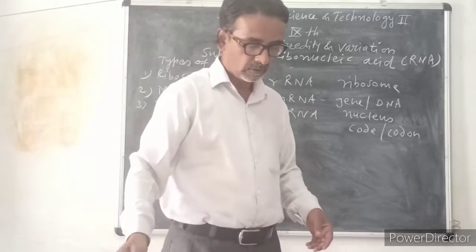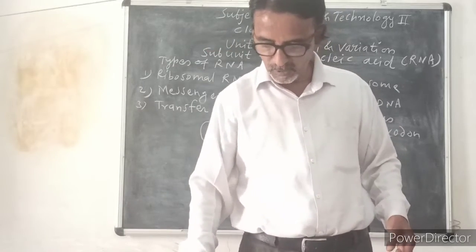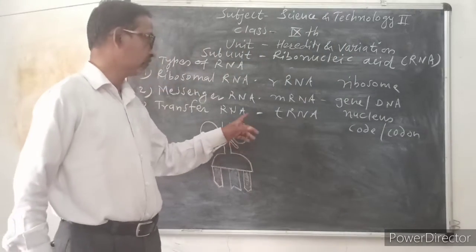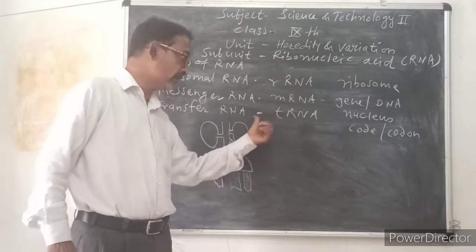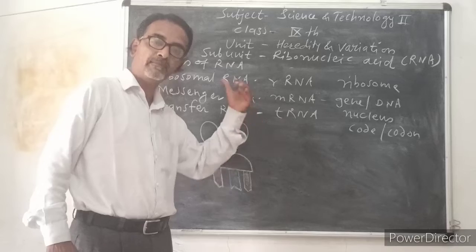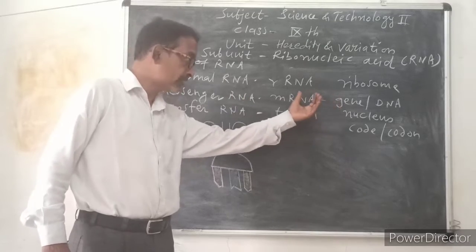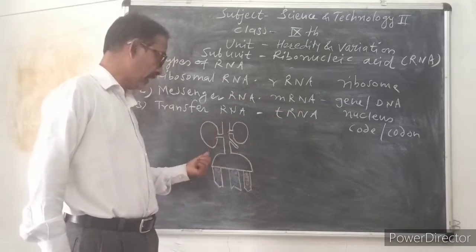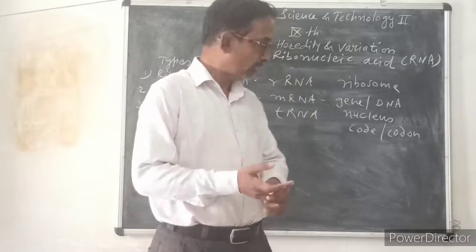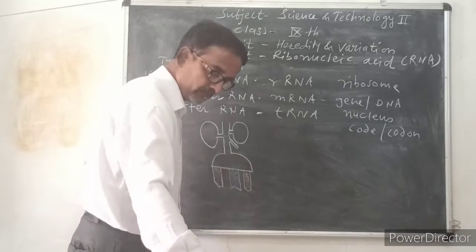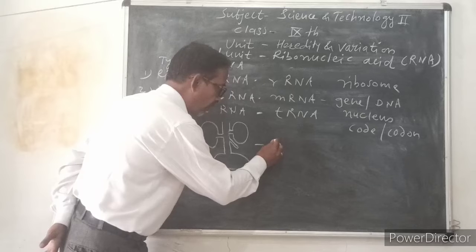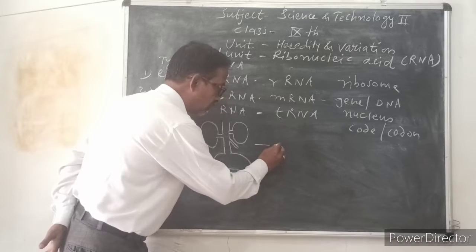So this type of RNA works according to the message carried by mRNA. The mRNA function is to carry the message or information from the gene. It is brought outside the nucleus, and then according to the message, this tRNA carries the information of amino acid.